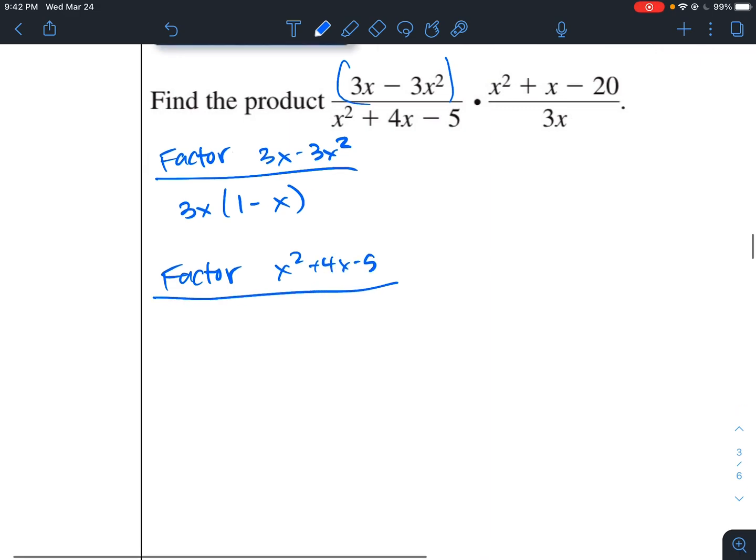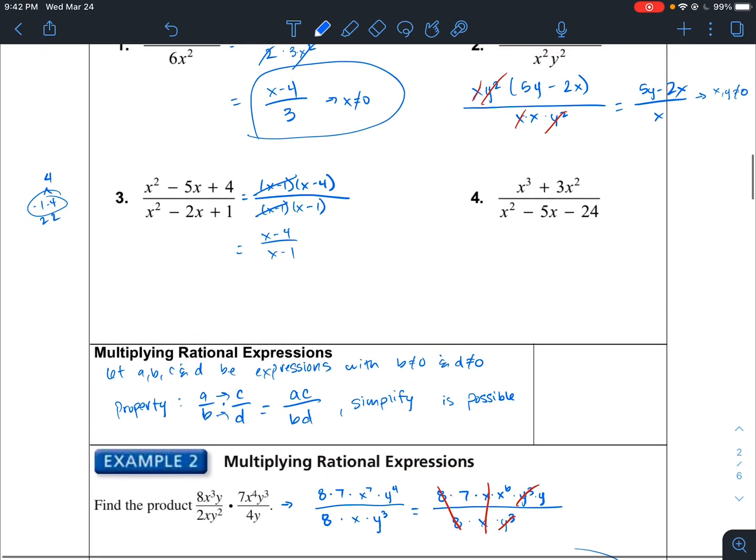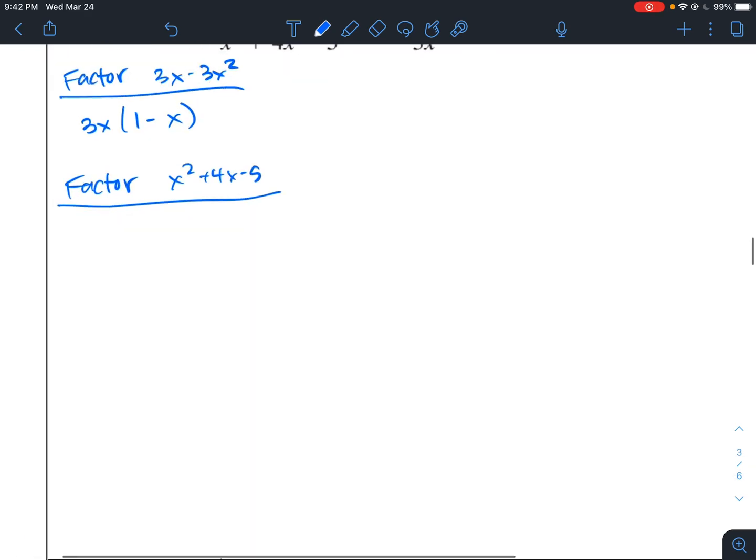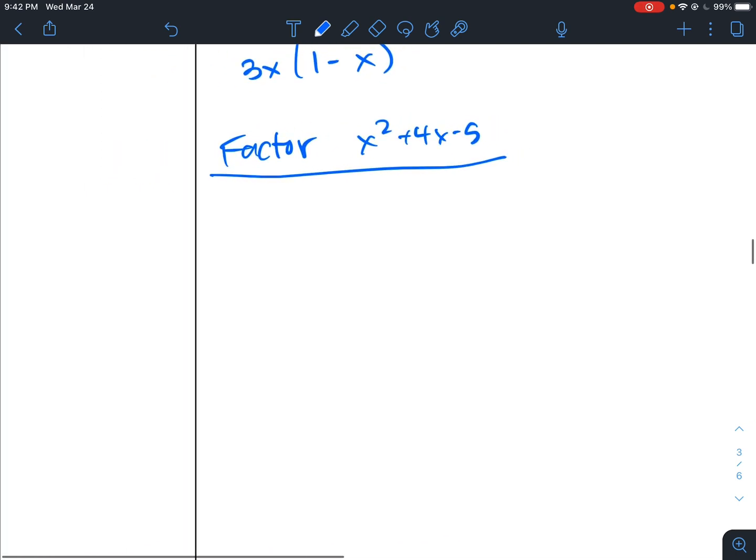I think we actually already factored something like that. Just kidding, we didn't. But anyways, I need to find binomial factors with numbers that multiply to be negative 5 but add to be positive 4. So that would have to be x plus 5 and x minus 1, because 5 and negative 1 multiply to be negative 5, but add to be positive 4.